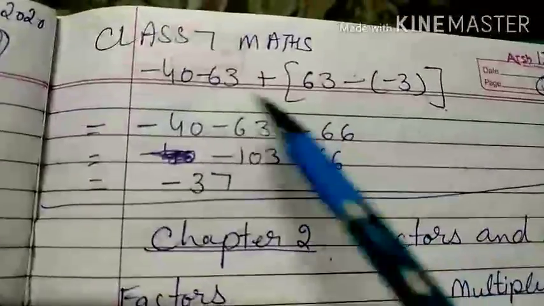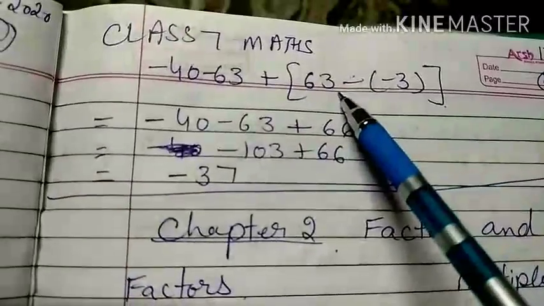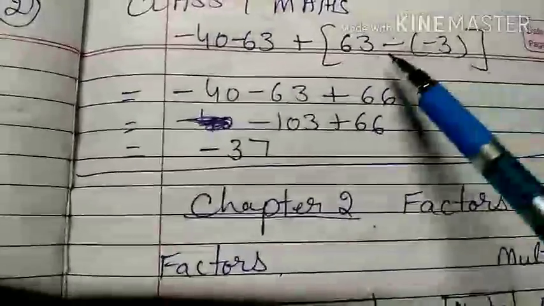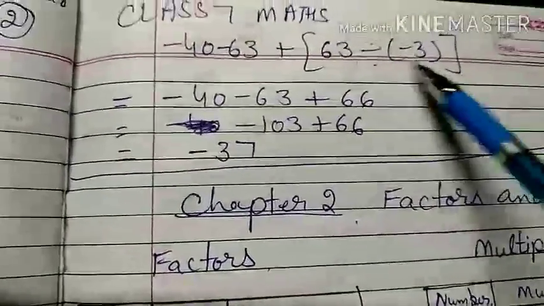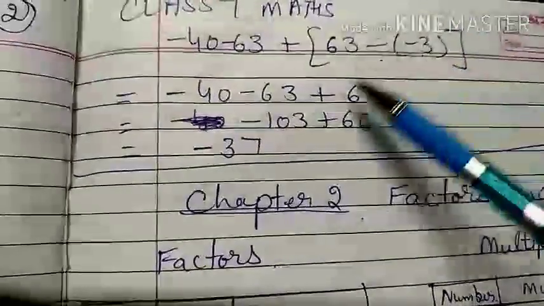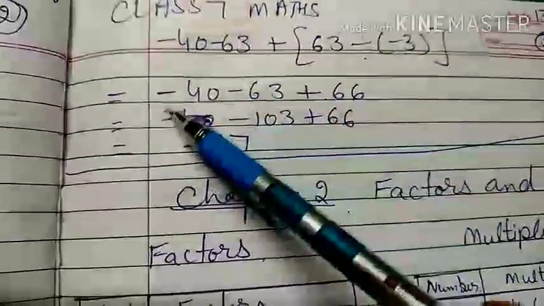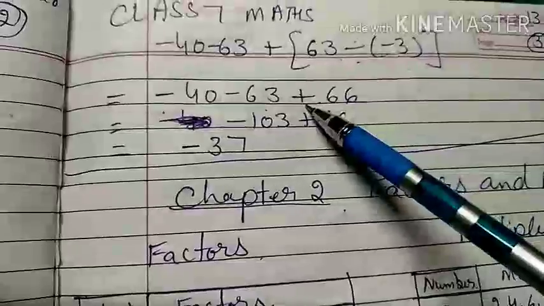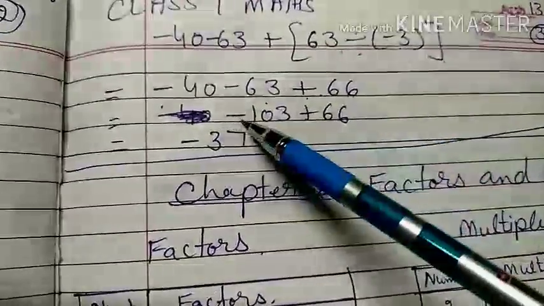Now minus 40 minus 63 plus 63, either you go with the positive 3 directly, or you first divide and change the sign later. Negative into negative gives me positive. Minus 40 minus 63 plus 66.